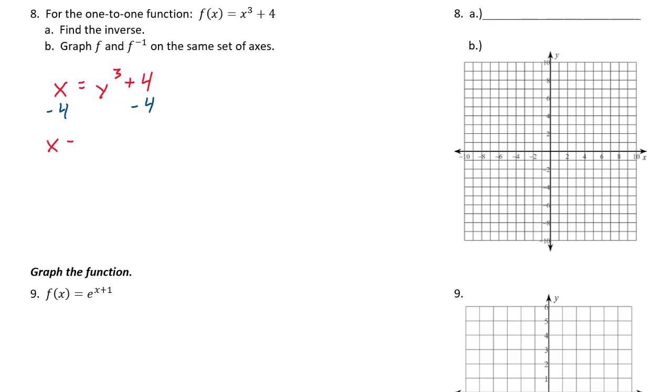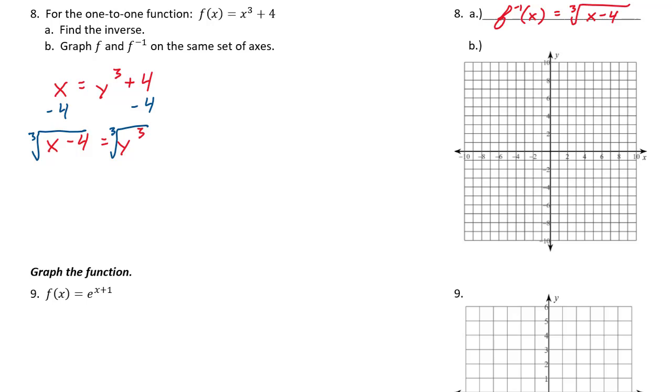That gives me x minus 4 is equal to now y cubed. And then to cancel a power of 3, I would take a root with an index 3, otherwise known as a cube root. So I can now say for this one that the inverse function for the f is equal to the cube root of this x minus 4.